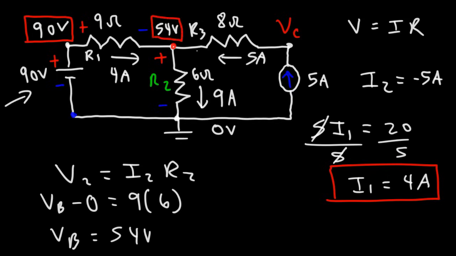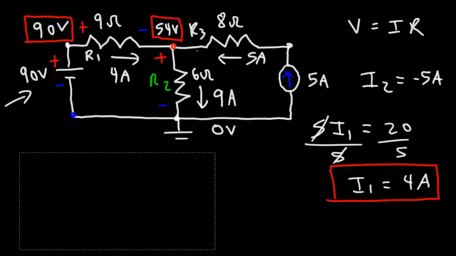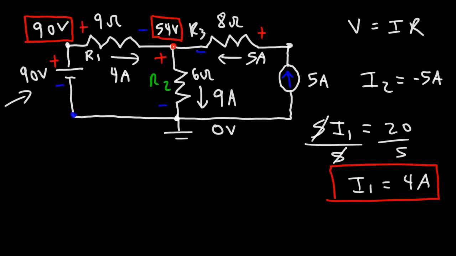Now what about at point C? How can we find the answer? Now the first thing we need to realize is that the current is going to flow from a high electric potential to a low electric potential. So the potential at point C is going to be higher than point B. So using this formula, V equals IR, we'll say V3 is equal to I3 times R3.